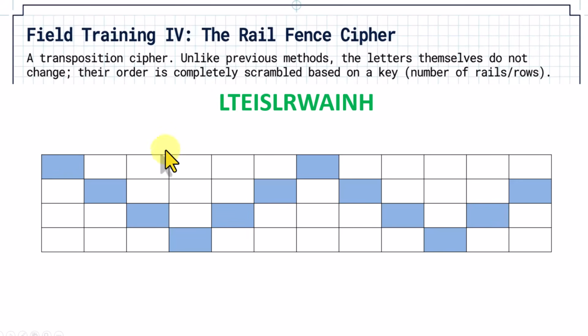So I write L here, then T here, then the next one here, then I, S, O, L, then R, then W, then A, then I, then N, and then H.